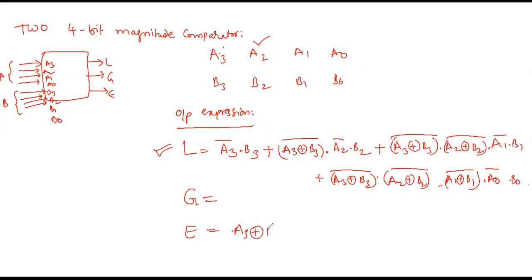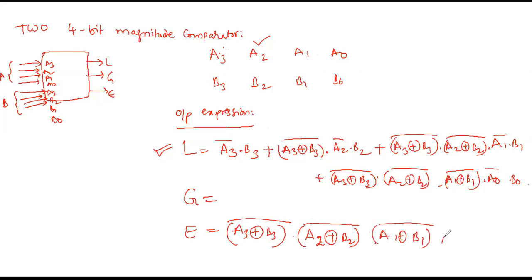So A3 XNOR B3, A2 XNOR B2, A1 XNOR B1, A0 XNOR B0.